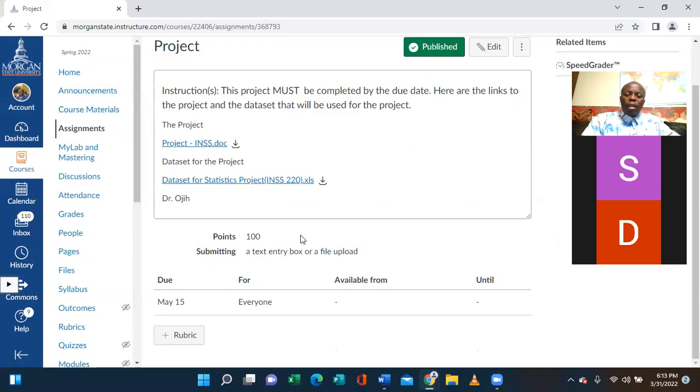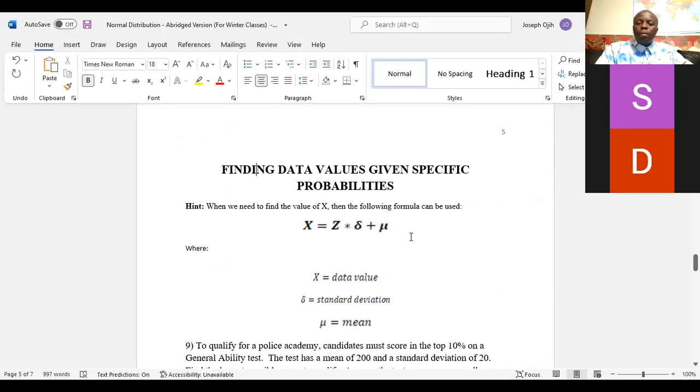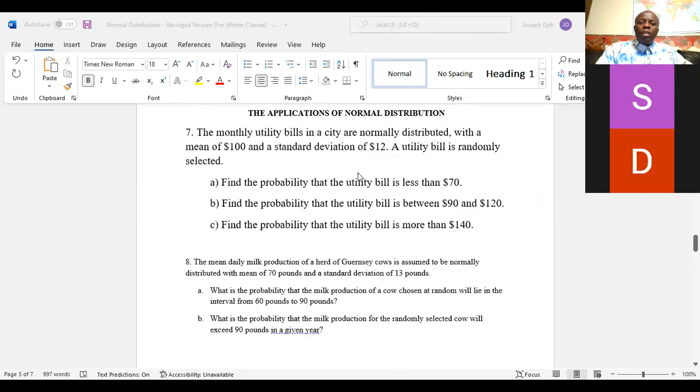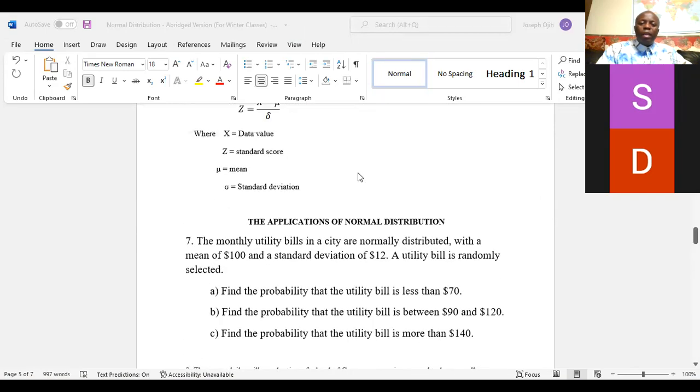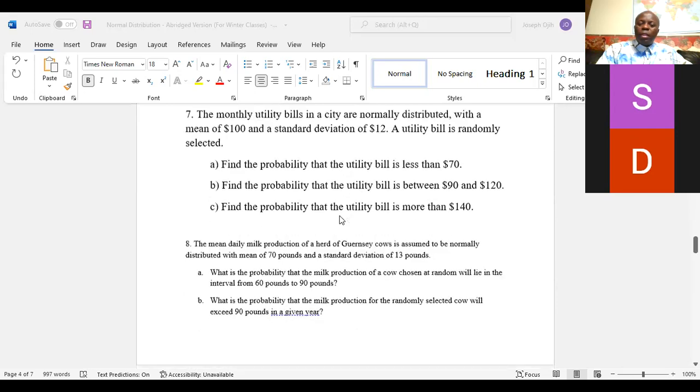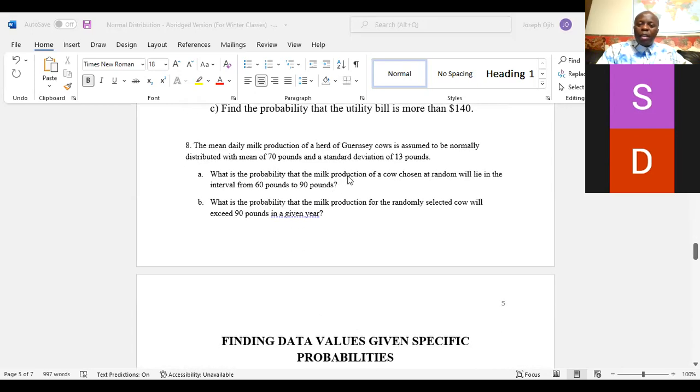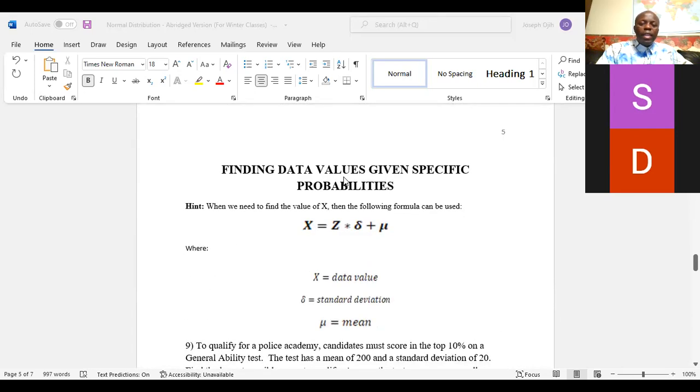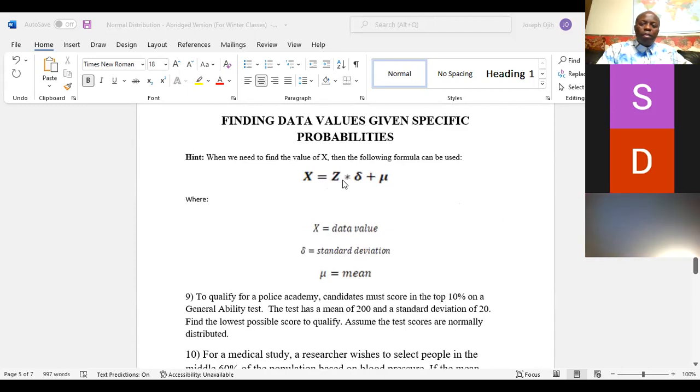So having shown you that and the assignment that I'll do this week, we can now begin our class. Last week, I introduced normal distribution. We did some examples, and we did the applications of normal distribution. We did an example there, and I gave you a classwork. Now, we are continuing with the topic.